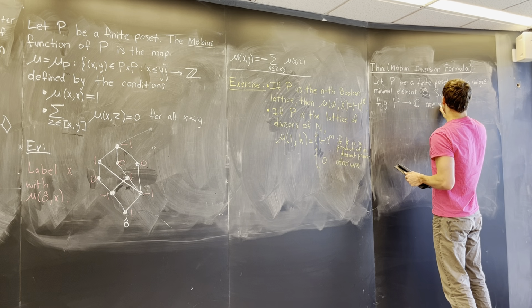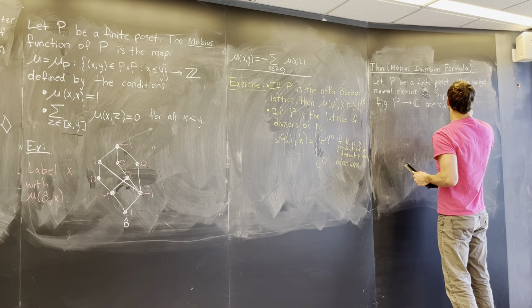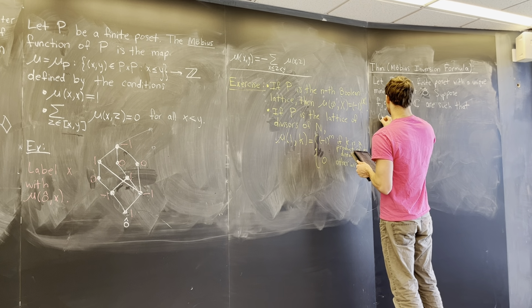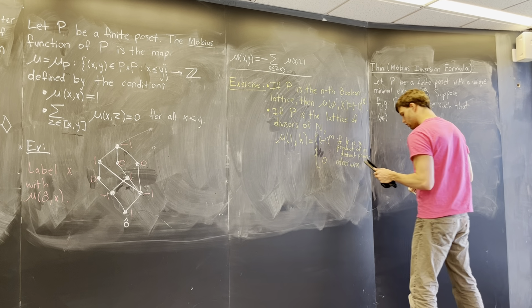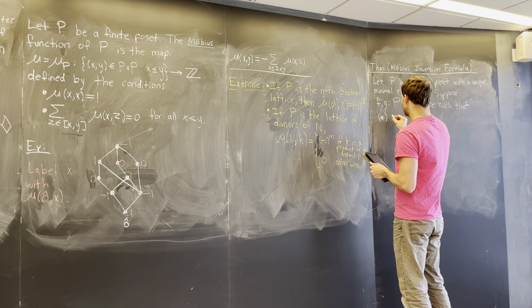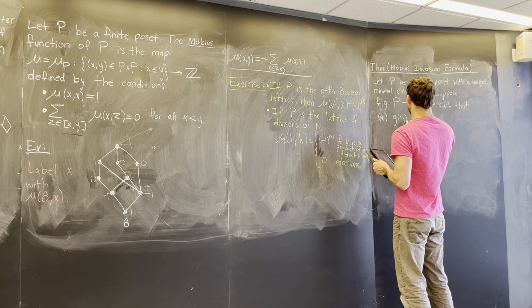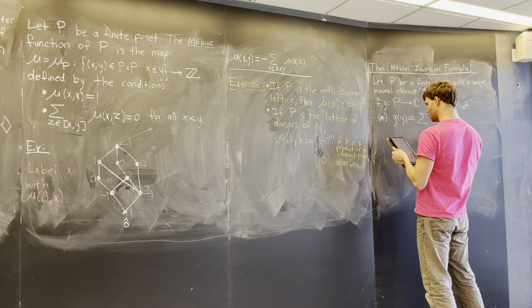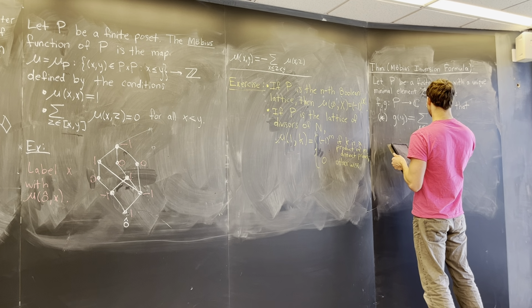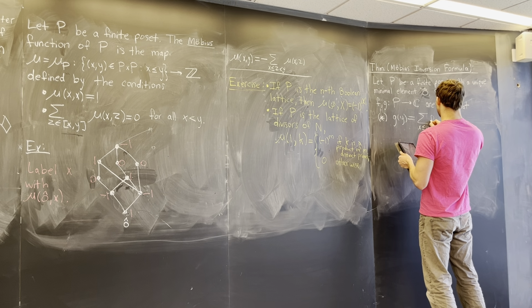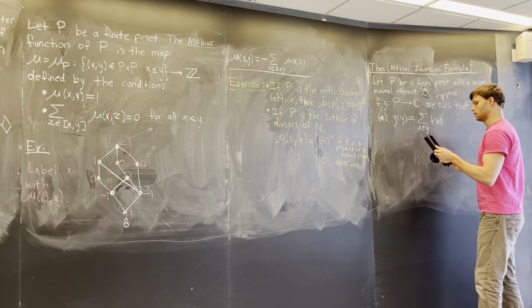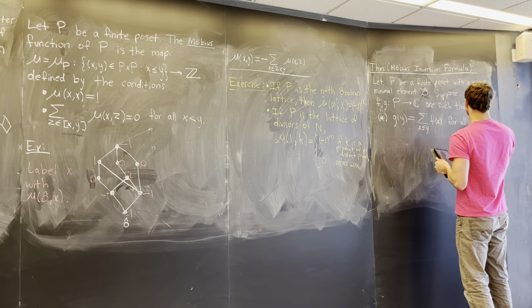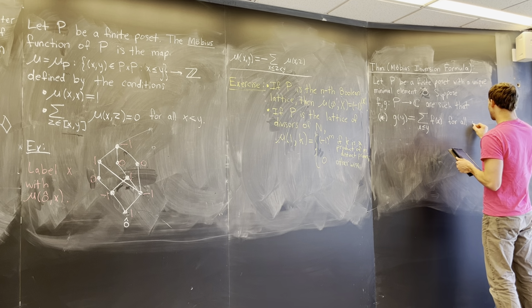If these are such that this condition star holds, so g of y is the sum over all x less than or equal to y of f of x, for all y in the poset.